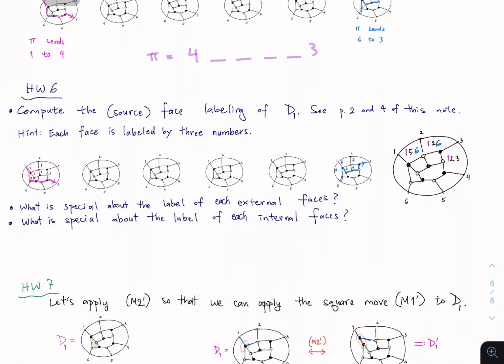Here you can compute the face labeling of D1, and I have done partial computation and some of the face labeling. The hint is that each face is labeled by exactly 3 numbers. See how this compares with what you've seen before, like what's special about the label for the external face and the internal face.